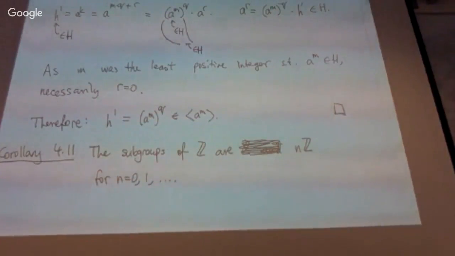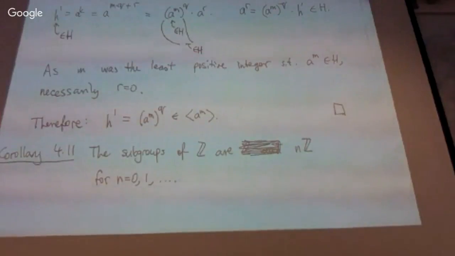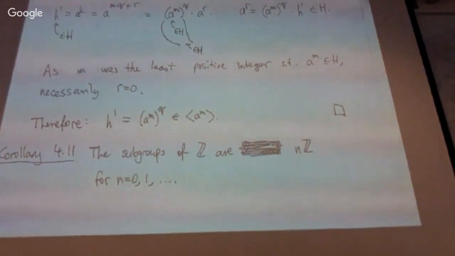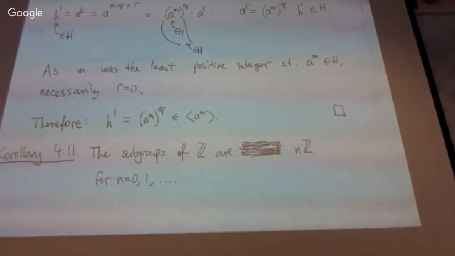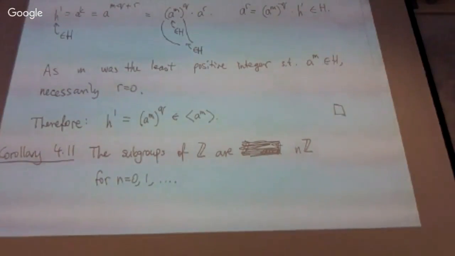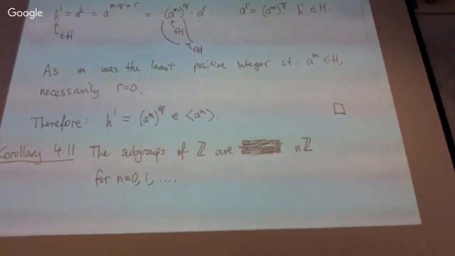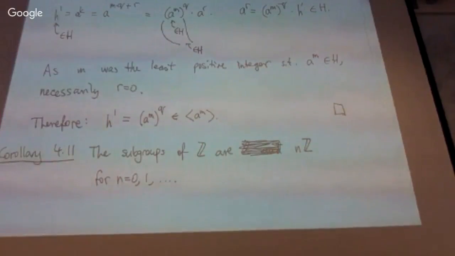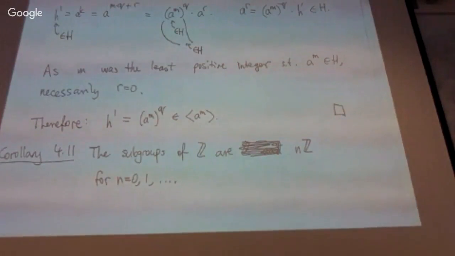Simple. 2Z is all the even numbers. That's a subgroup. If you add 2 even numbers, you get an even number. Generated by 2, because if you take 2 plus 2 plus 2, you're getting all the positive ones. If you take minus 2, minus 2, minus 2, you're getting all the negative ones. The one generated by 3 is all the multiples of 3.